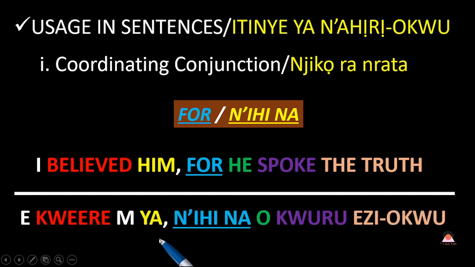Ekwere m ya n'ihi na o kwuru eziokwu. Our conjunction is in blue color and underlined, so you pay attention to them, while you also take advantage of meaning of other words that are explained through their colors. Okay, for, n'ihi na, okay. Ekwere m ya n'ihi na o kwuru eziokwu.